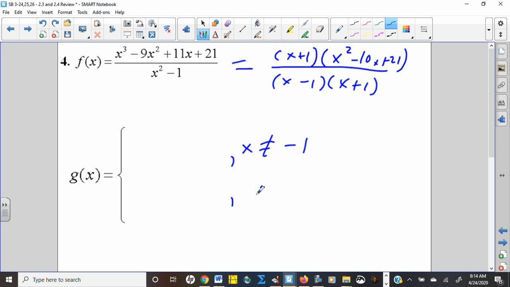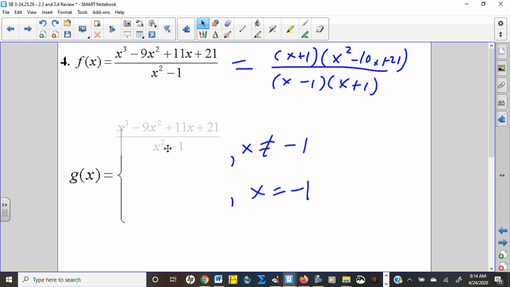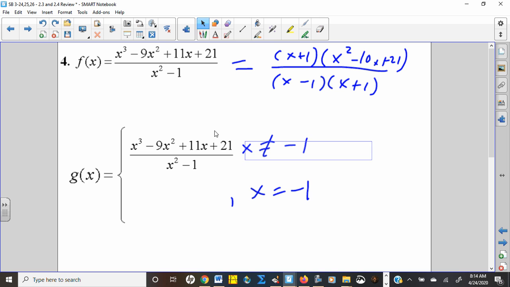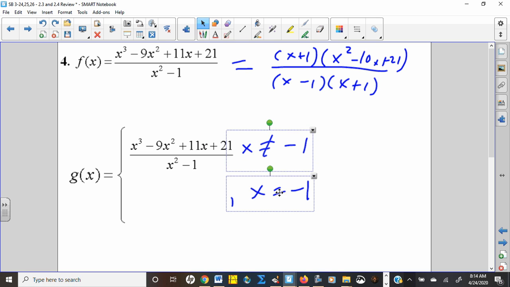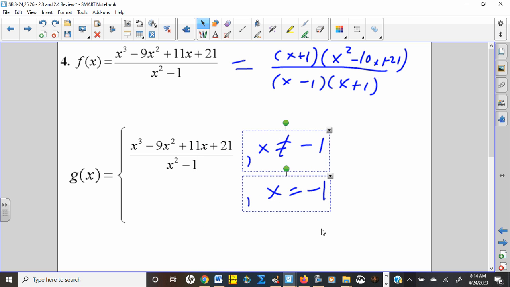So we've got ourselves the original expression as long as x is not equal to -1. But if x is equal to -1, we need to figure out what the value of that hole is so that we can repair it, right? So let's do that. That's just where you plug in and finish off.